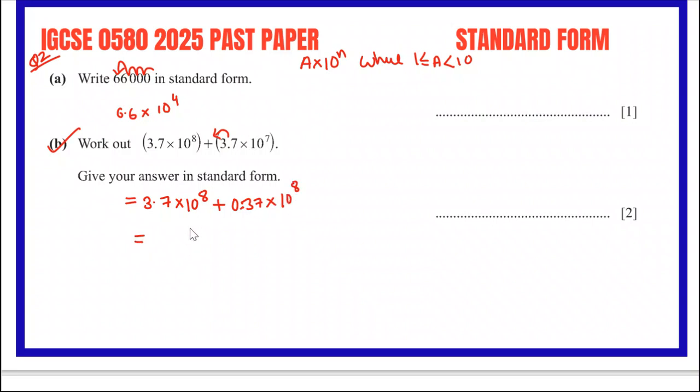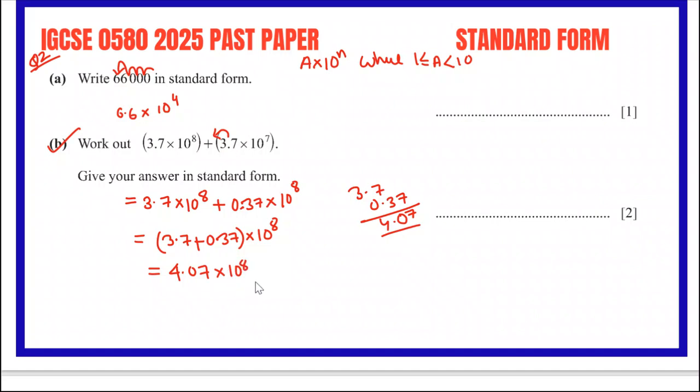Now if you take 10 power of 8 common, you can write 3.7 plus 0.37 times 10 power of 8. If you add it, 3.7 and 0.37: 7 plus 3, 10, 1 carry, we get 4.07 times 10 power of 8. This is our final answer.